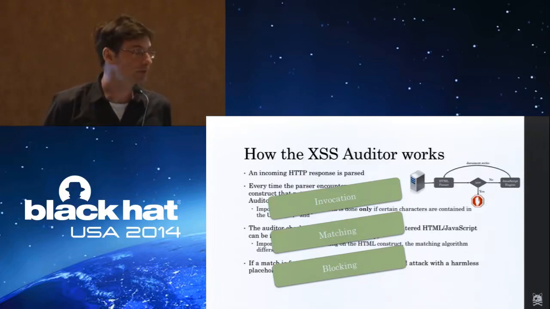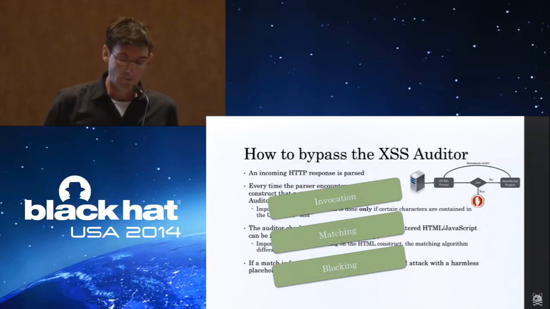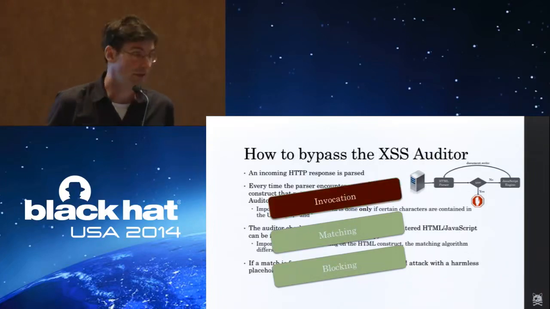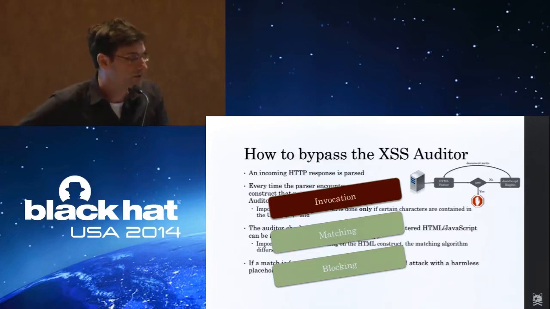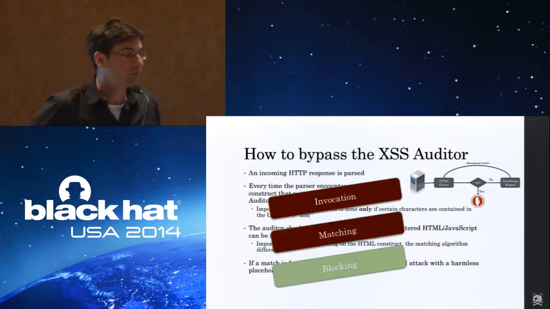So you can either try to build a bypass that avoids the invocation step. So you build a payload that somehow executes JavaScript without meeting one of the conditions that need to be present for the XSS auditor to become active. Or otherwise, you try to fool the string matching, because this is what it boils down to.